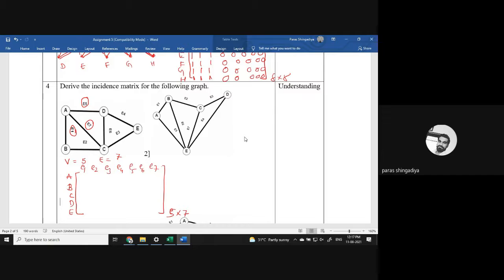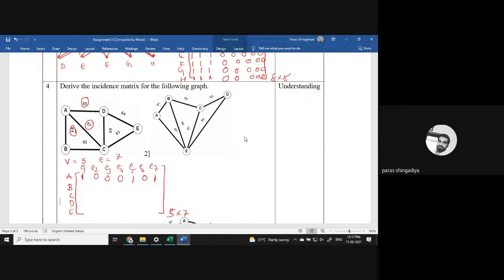Means R is the incidence relation. So at that place we'll put 1 and all the remaining places will be 0. Okay, means A to E1 is 1, A to E2 is 0, A to E3 is also 0, E4 is also 0, E5 and E7 will be 1 and E6 is also 0. Okay, so that is your first row.